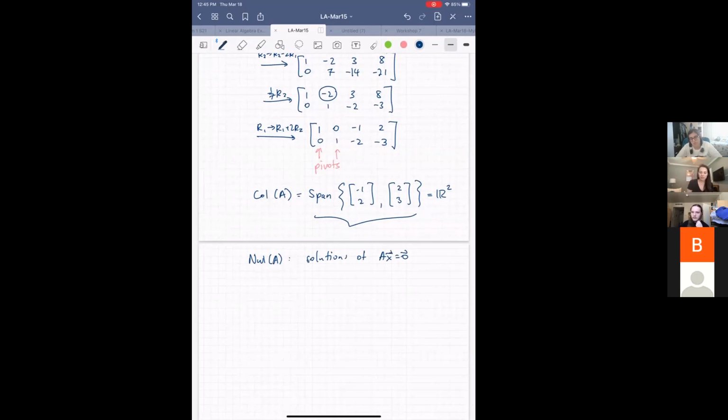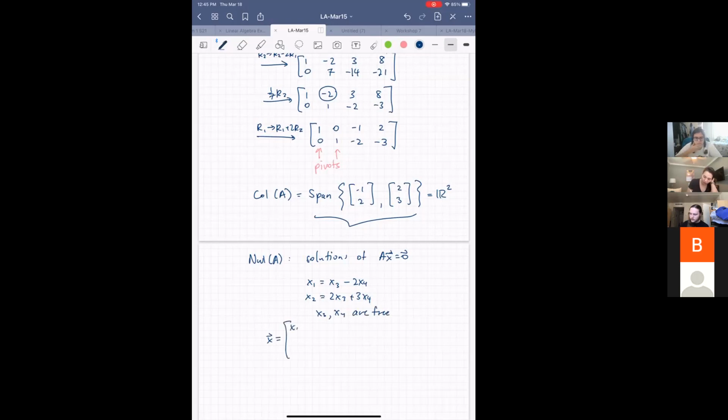So we have the row reduced form, which tells us that x1 is equal to x3 minus 2 times x4, and x2 is equal to 2x3 plus 3x4. Okay, and then our free variables are x3 and x4.